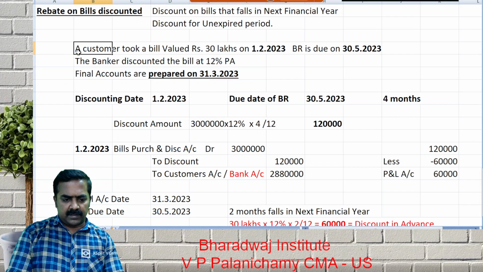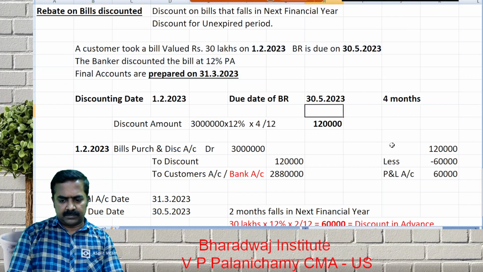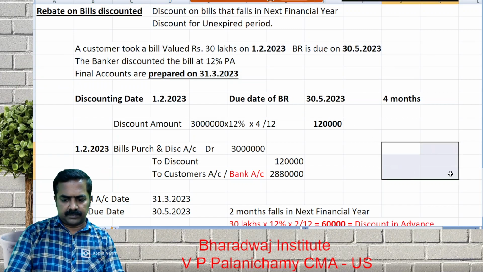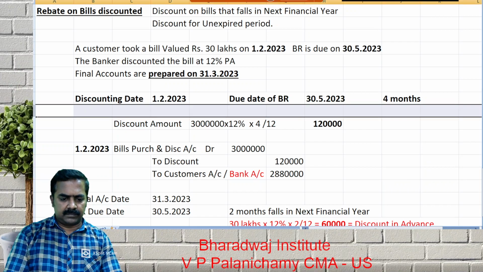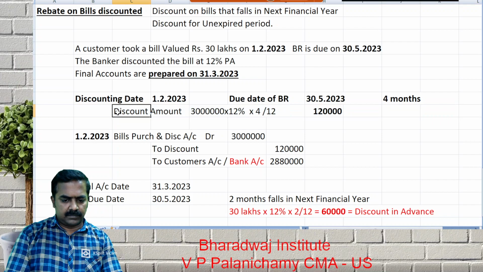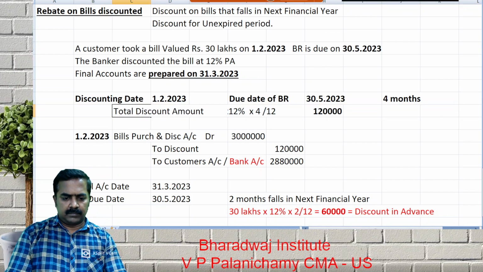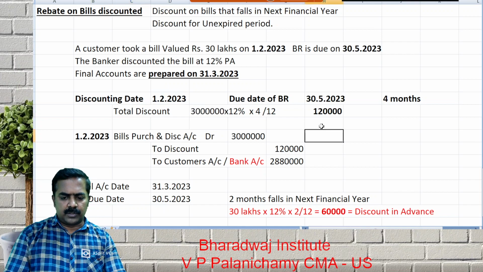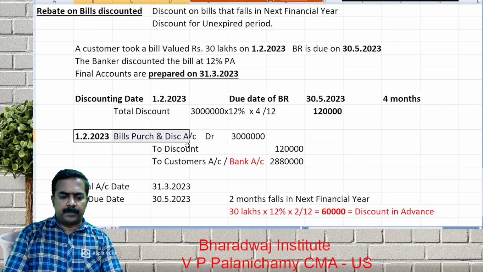This is a question. Total discount is 1,20,000. They would have passed this journal entry.